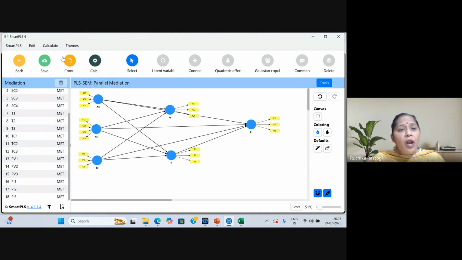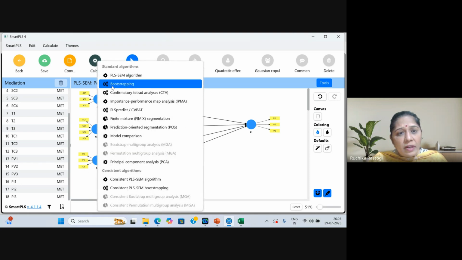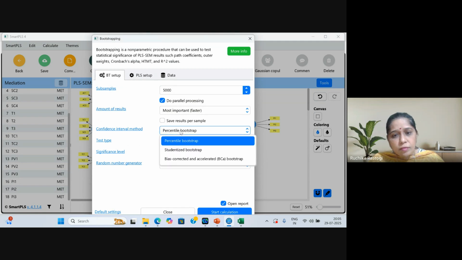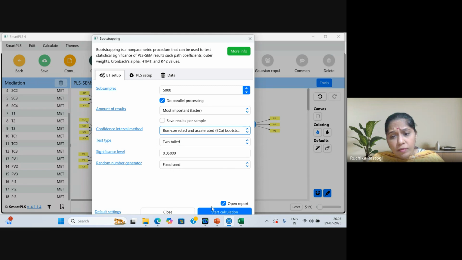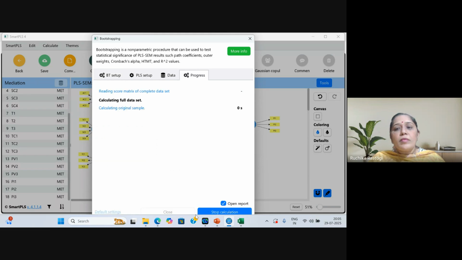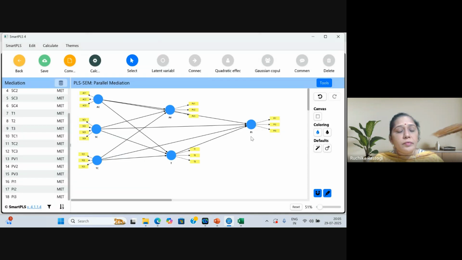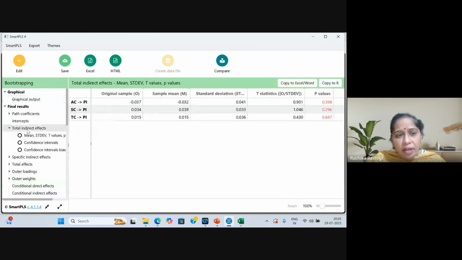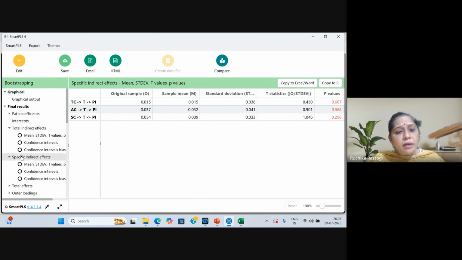Right. Now we will use the same function again, bootstrapping. Start calculation. Now we will go again to the total indirect effect. Sorry, specific indirect effect.